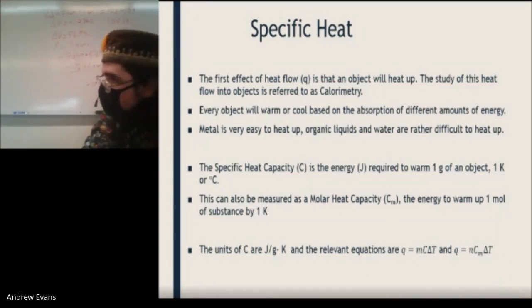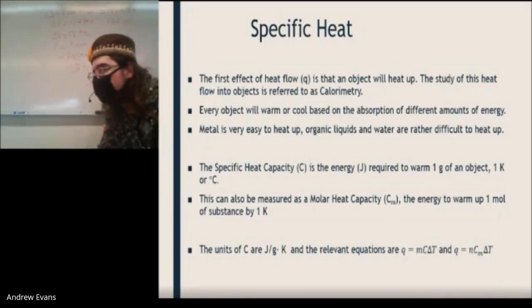I will give you this equation when you need it, but the fact of the matter, this equation is pretty easy to remember. Q equals mCΔT. For those in pre-med, you all know your MCATs. But Q equals mCΔT. Q, our heat, is equal to the mass times the specific heat capacity, C, times our delta T, how much temperature is changing.